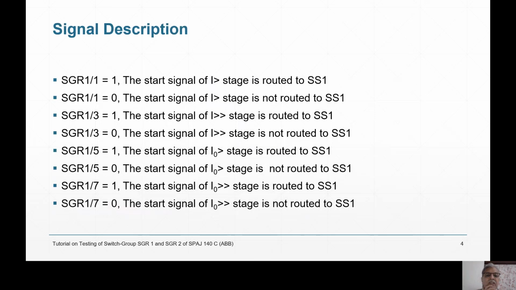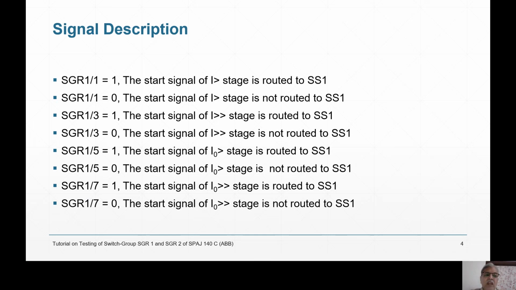So this is the facility available. How is this facility made available? If SGR1 oblique 1 is equal to 1, then I greater than stage is routed to SS1. SS1 is a relay, a small relay in the main relay SPAJ. And that SS1 has one contact, and that contact can be used to indicate the starting at remote place.